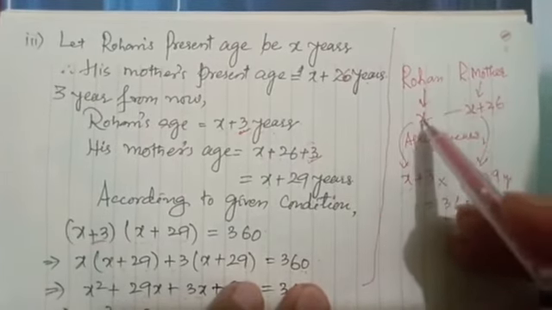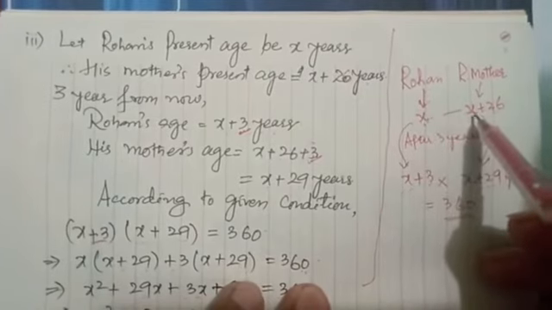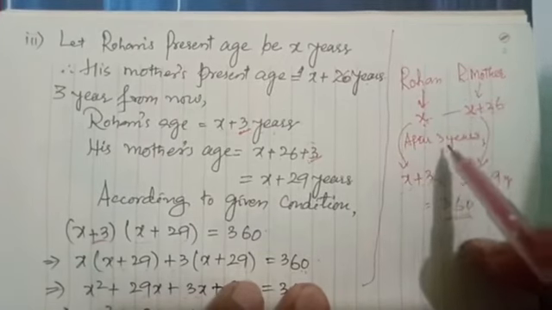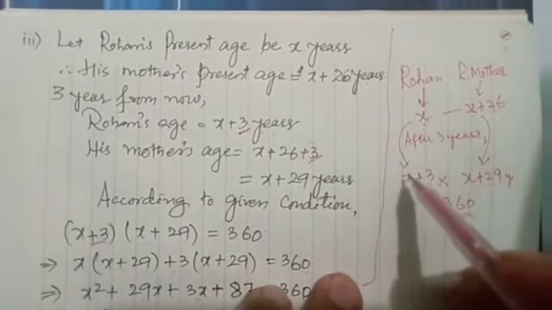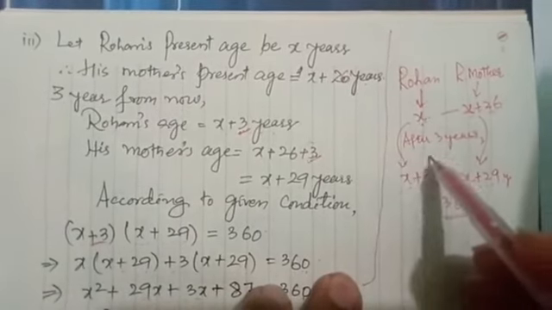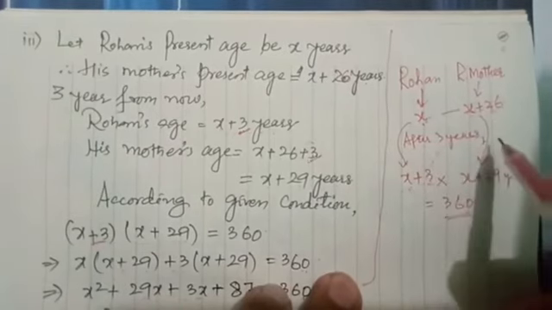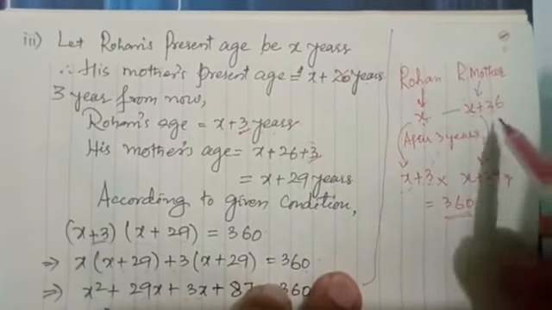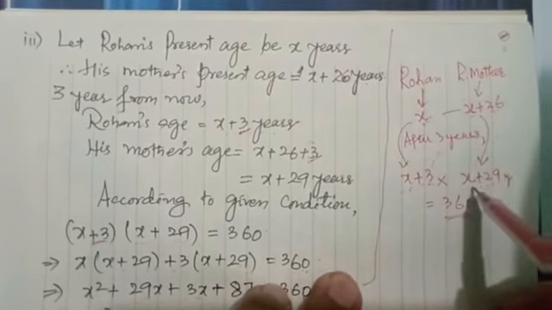If Rohan's age is x years, then his mother's age will be x plus 26. It is the present age. After 3 years, when the 3 years have passed, Rohan will be x plus 3, because these 3 years will be added to his age, and his mother will be x plus 29 years, that is this 26 plus 3, that is 29.